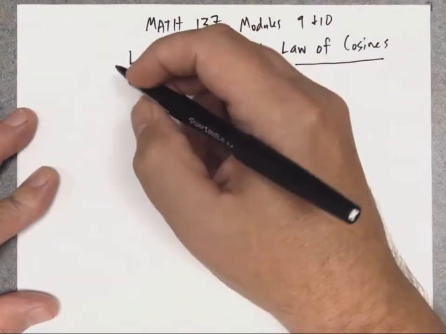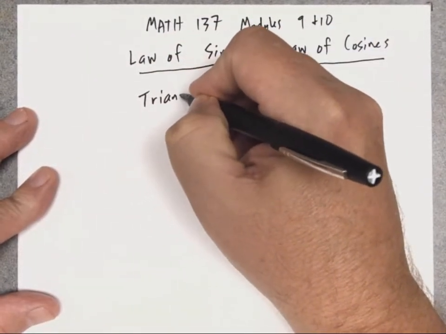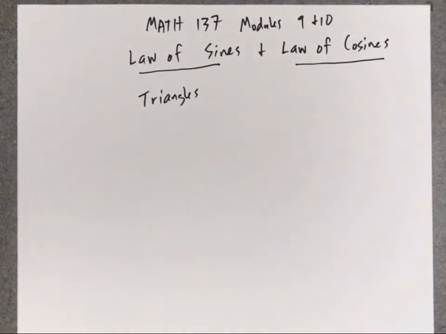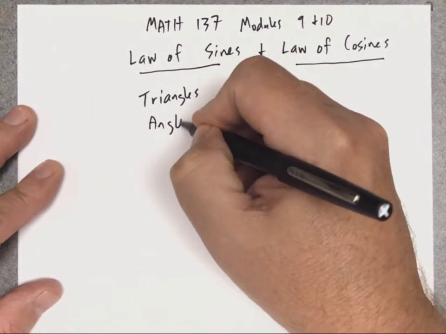First of all, law of sines and law of cosines, we're talking about working with triangles. So right now, we're taking a break from unit circle, and some of you might be happy about this.